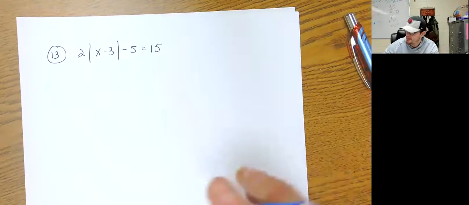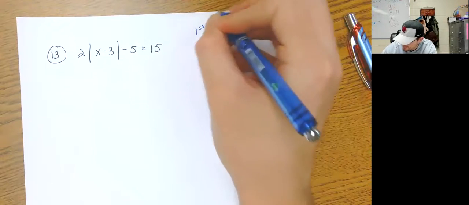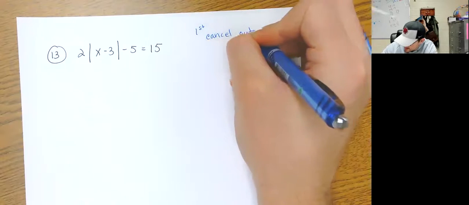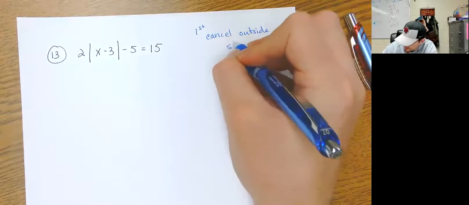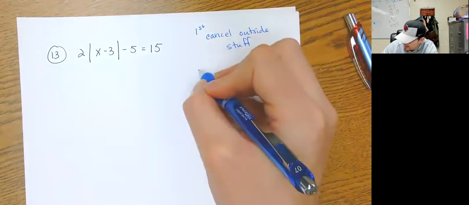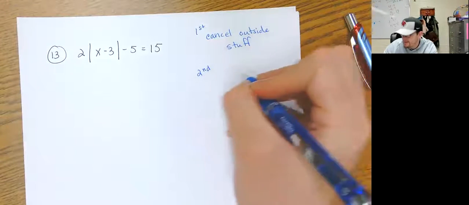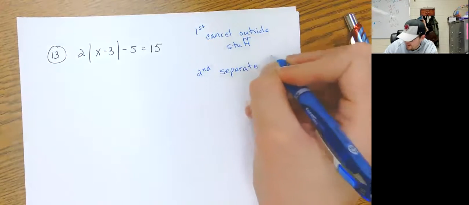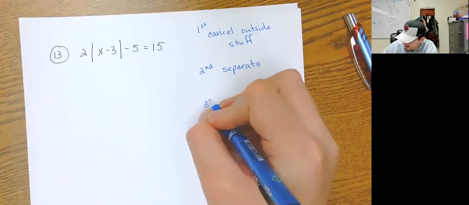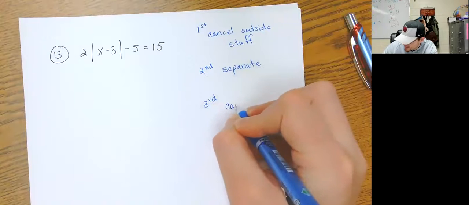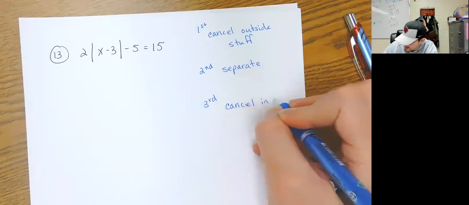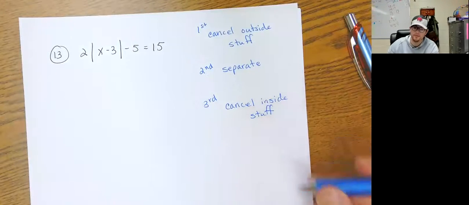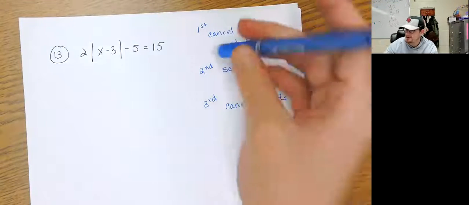First, cancel out the outside stuff. Second, separate. And third, cancel out the inside stuff.